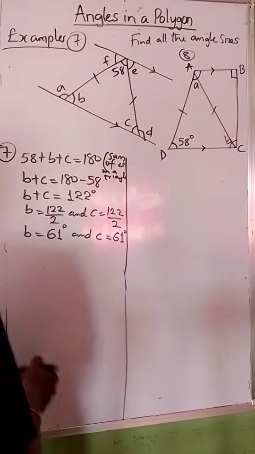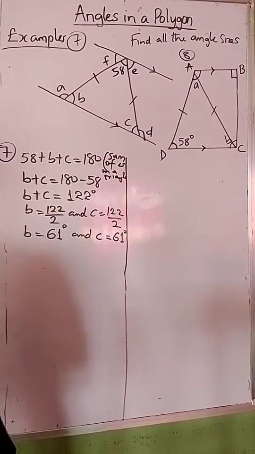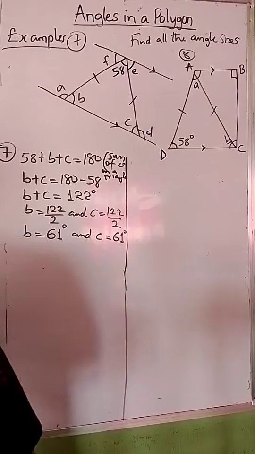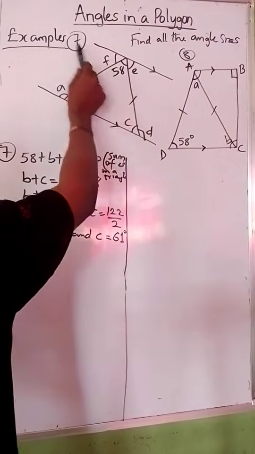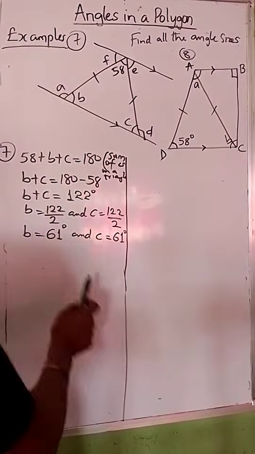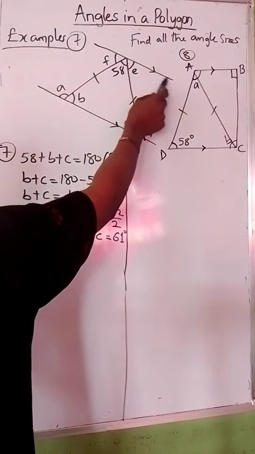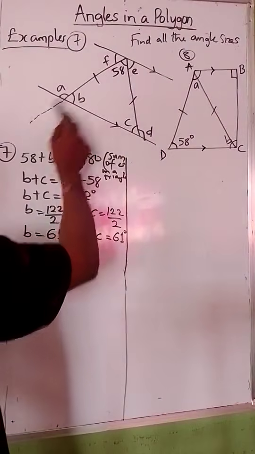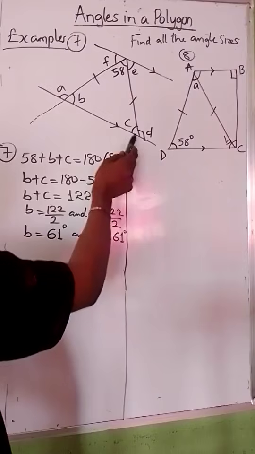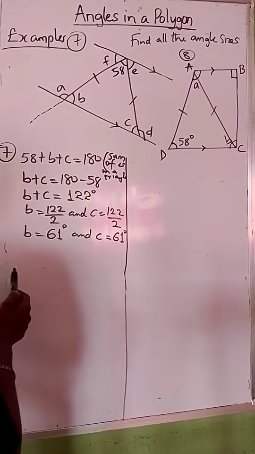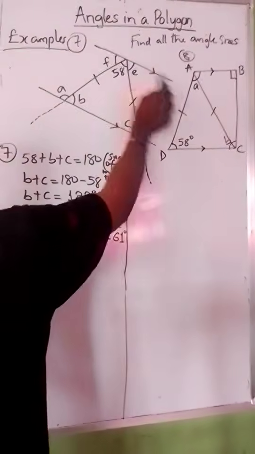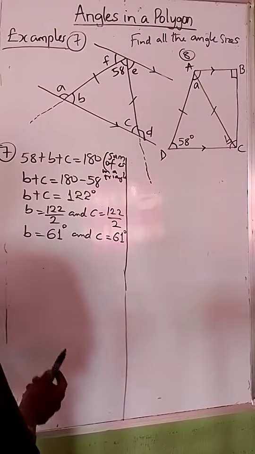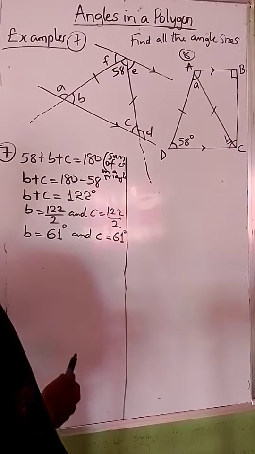Since our B and C are 61 degrees, then very easy. Can you trace your Z out? Remember, the only time you trace your Z out and your F, this is the F. If you trace this out too, it's going to give you the F, right?